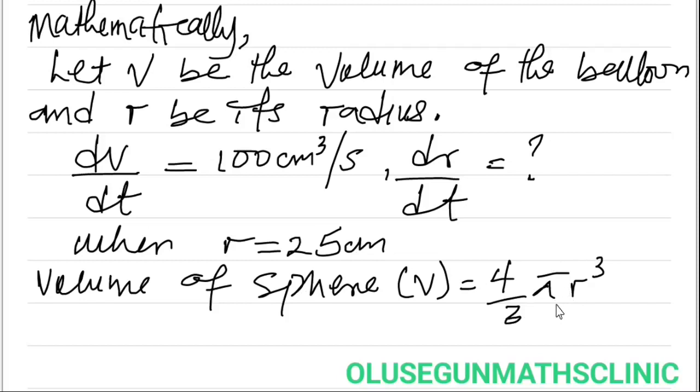I've said earlier that in order to connect the dV/dt and the dR/dt, we need to relate V and R by formulating a formula. How do we formulate a formula? Let's try and see how it works.